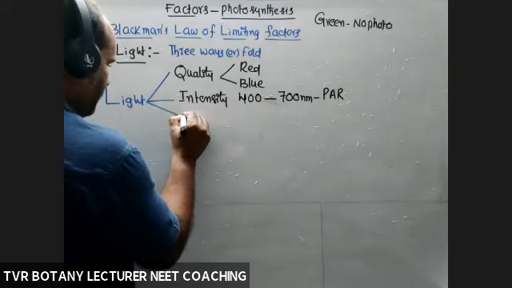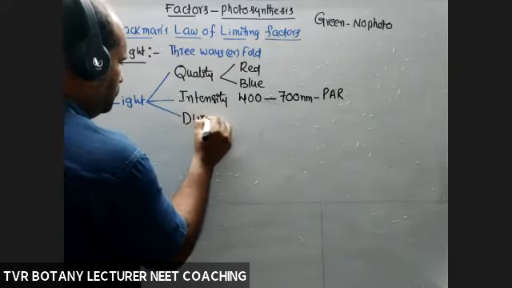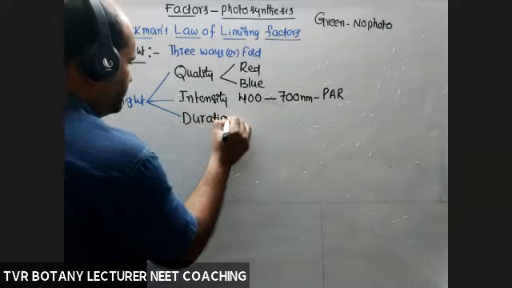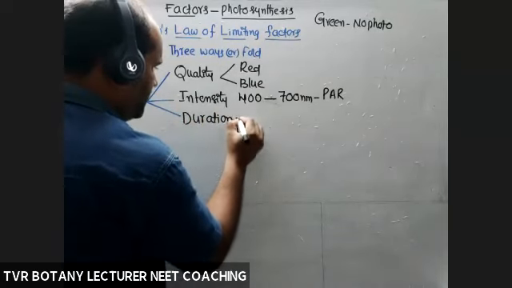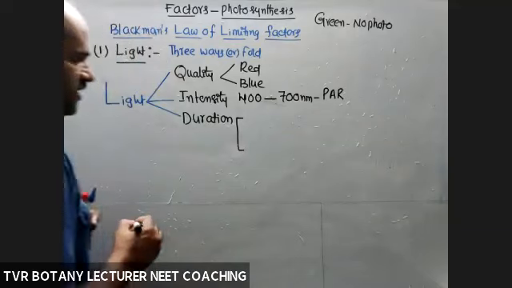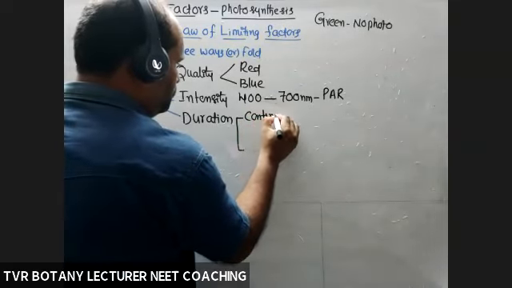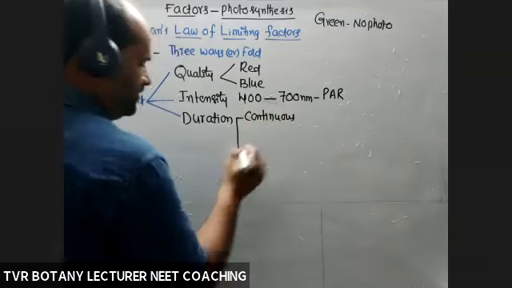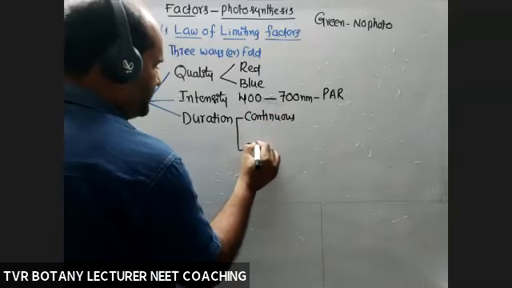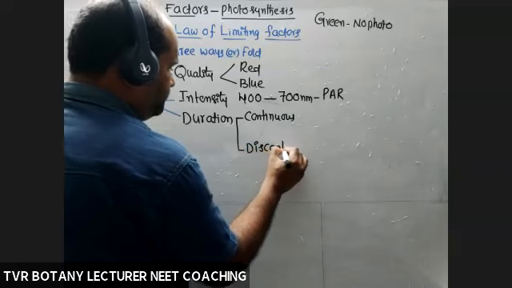Next, duration of light: continuous or discontinuous. Continuous light, and light in flashes, discontinuous.